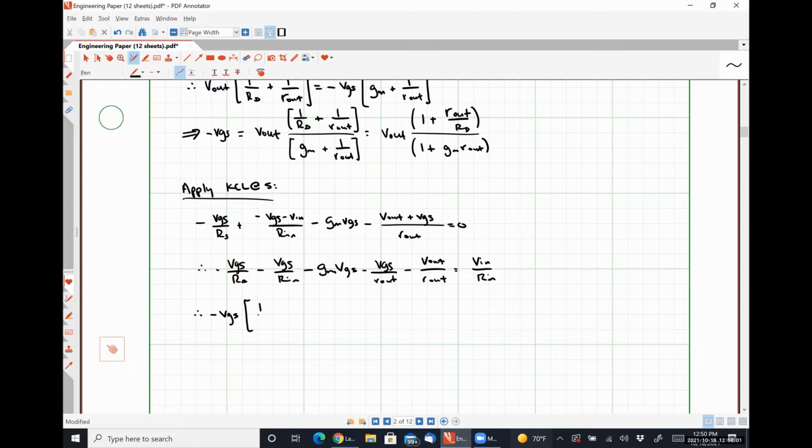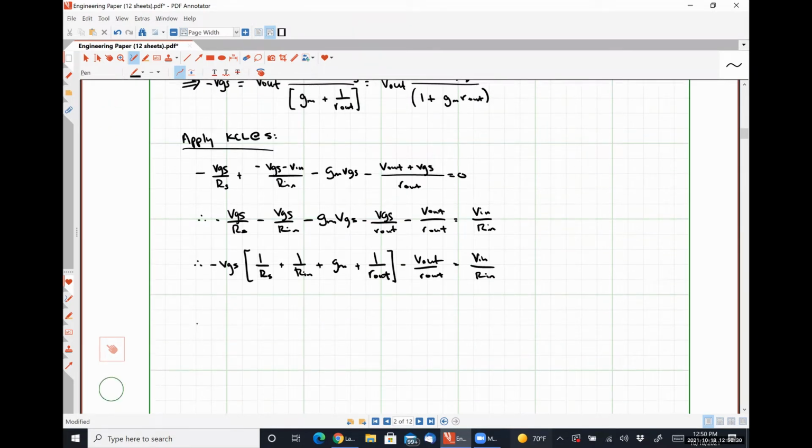I'm going to have 1 over RS plus 1 over RN plus GM plus 1 over Rout minus Vout over Rout is equal to VN over RN.